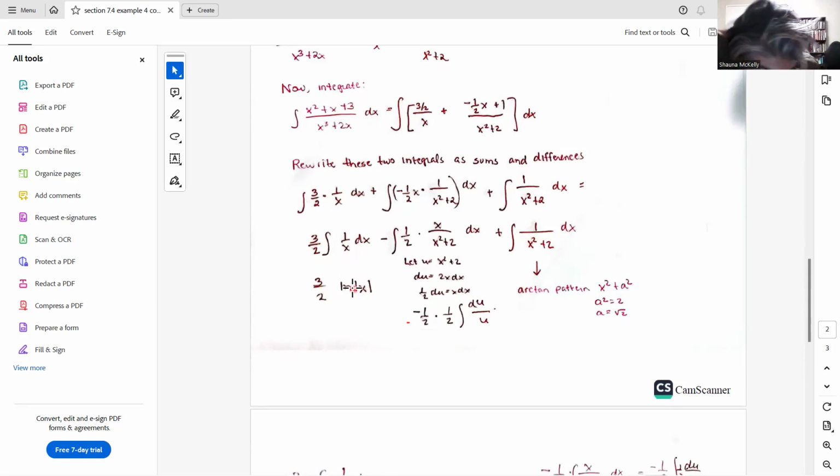Now the second integral requires a different strategy. It requires a u substitution. And this third integral, you might initially think, oh, I can just do the natural log, but I've got x squared down here, and I can't split this. Unlike this one, I can't split it because I only have one term down here.